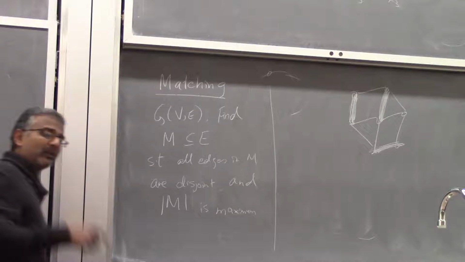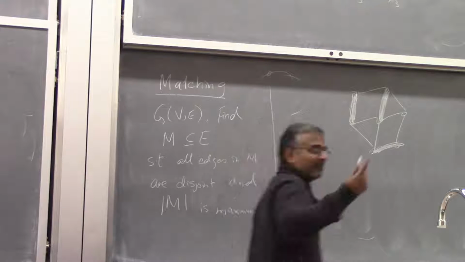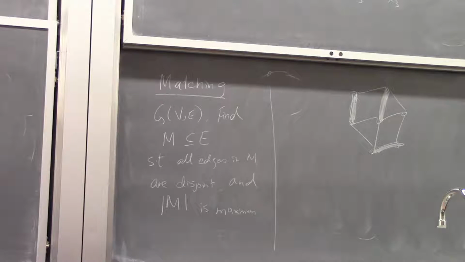But the problem is that the optimal LP solution is to set all the variables to 1/2. Yeah, that's correct. But that's what the rounding is going to do, right? If you set all to 1/2 and use randomized rounding, the probability of setting each to 1 is half, which is exactly what the solution said. So the LP is giving you a guide as to what to do. It's just not very useful.